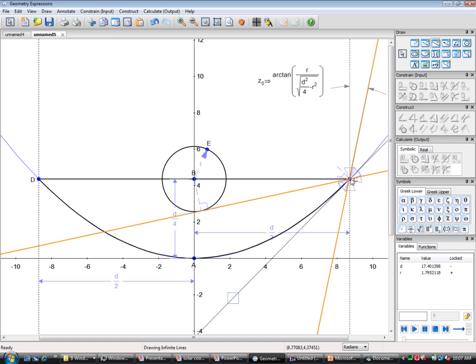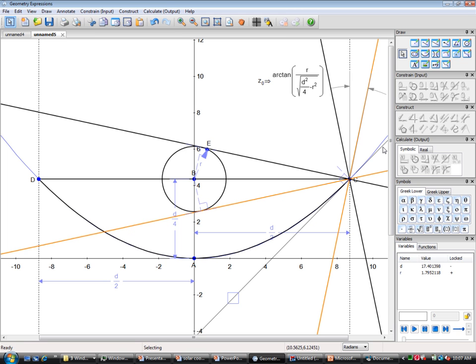So if I were to draw a second tangent and then reflect that back in the tangent to the parabola, what can we see? Well, we can see that this angle here, let me just put a real value in there, this angle here is the apparent size of the target when viewed, the viewing location at the edge of the mirror.